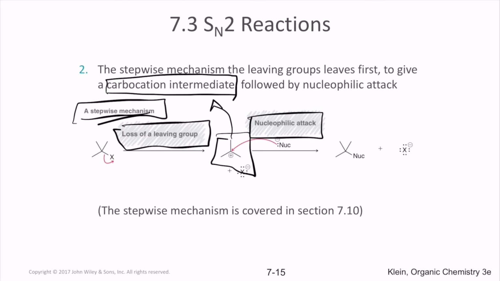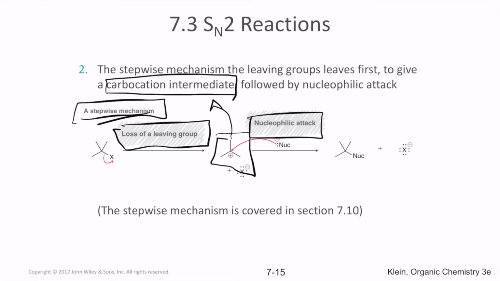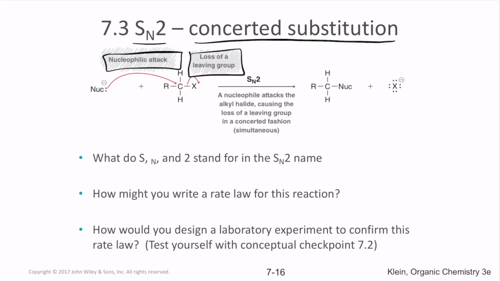The reactions that use the concerted mechanism are called SN2 reactions. The reactions that happen with a stepwise mechanism, we call SN1 reactions. So an SN2 reaction requires concerted substitution, where the nucleophilic attack and the loss of the leaving group happen at the exact same time.